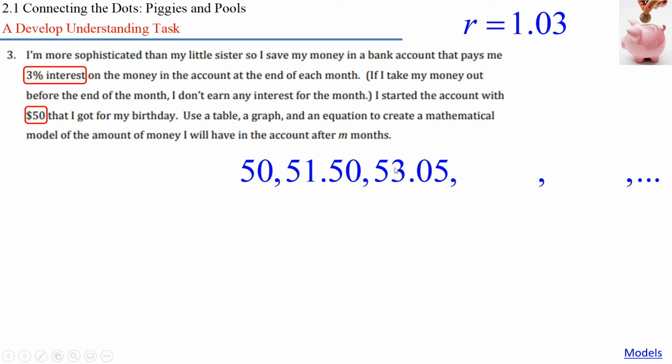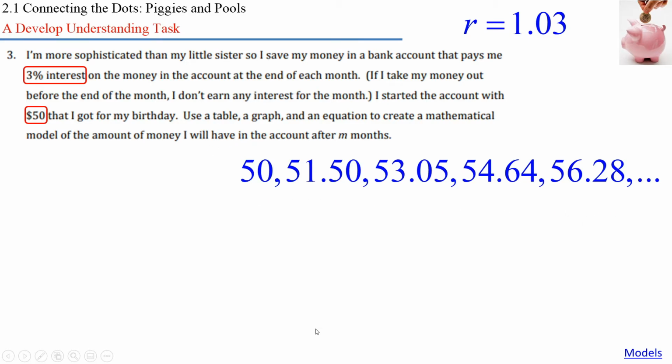Let's multiply $53.05 by 1.03. Excuse me. And I now have $54.64. Remember, I'm rounding these to the nearest penny. And then if I take $54.64 and I multiply by my common ratio, 1.03, I get $56.28. So this is my first model, my sequence.